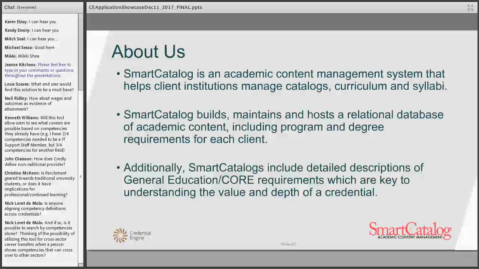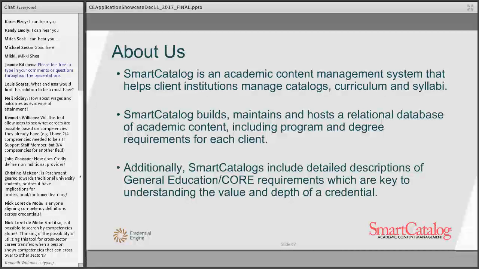SmartCatalog is an academic content management system, and we help client institutions manage catalogs, curriculum, and syllabus. And in that effort, we build and maintain relational databases of academic content.